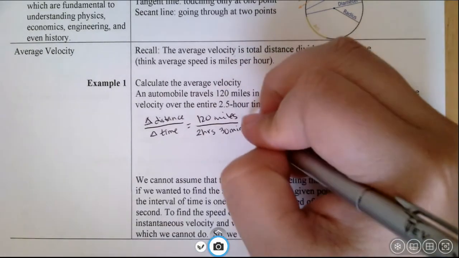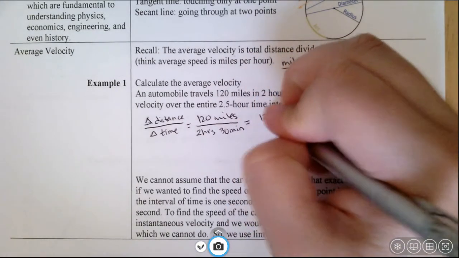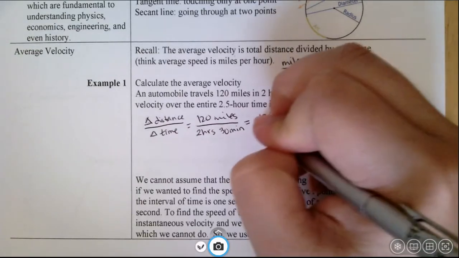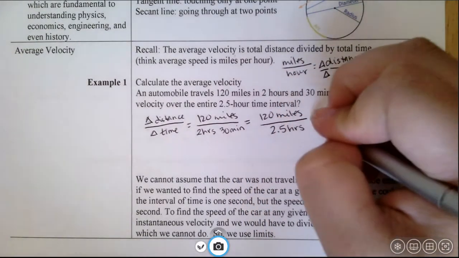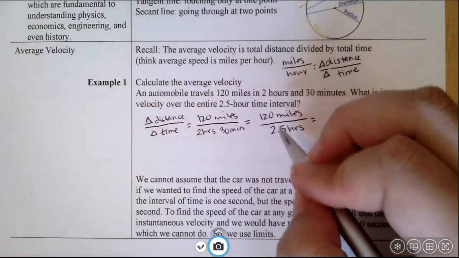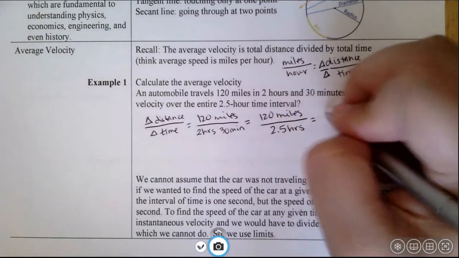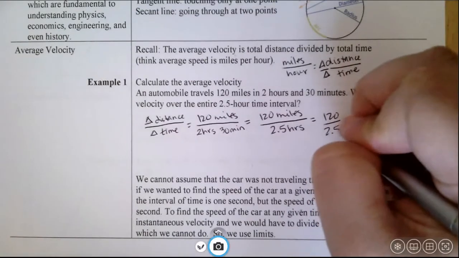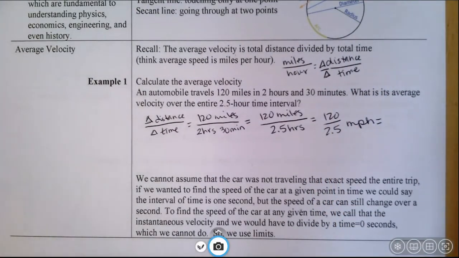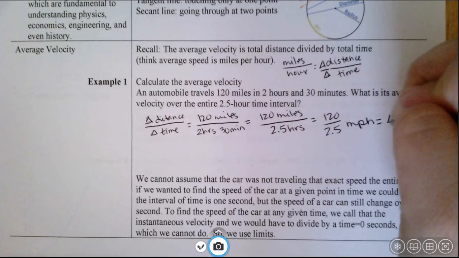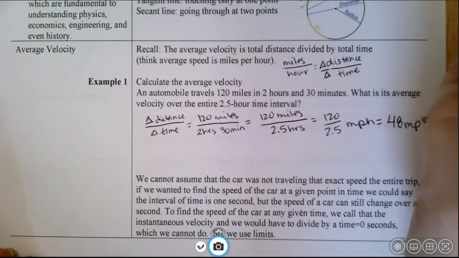So let's convert that denominator. 120 miles per 2.5 hours. So then we have 120 divided by 2.5 miles per hour. And 120 divided by 2.5, I'll check it on my calculator. 120 divided by 2.5 is 48 miles per hour.